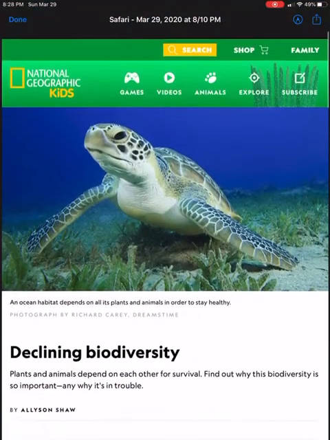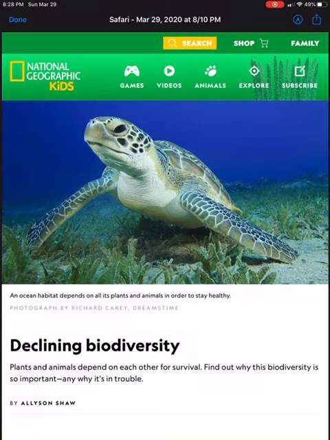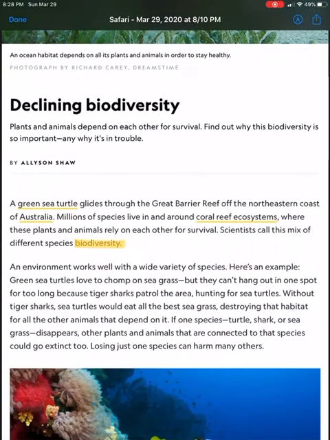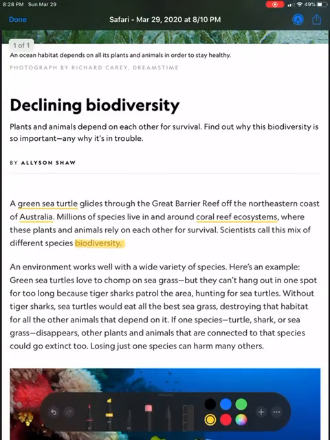So I'm going to go to my article that I already marked up a bit, and this is called Declining Biodiversity. And when I was reading it, I found the word biodiversity. And that word I highlighted, as you can see. And so using the clues that you learned from Miss Pickens, when we look for context clues for words that we may or may not know, we're going to do the first sentence and the last sentence.